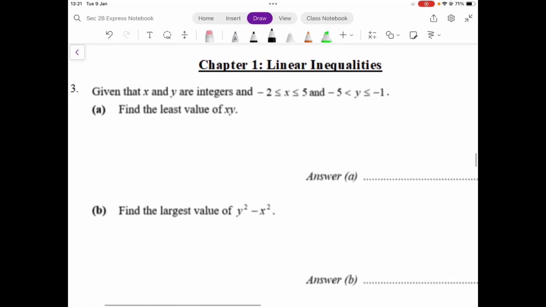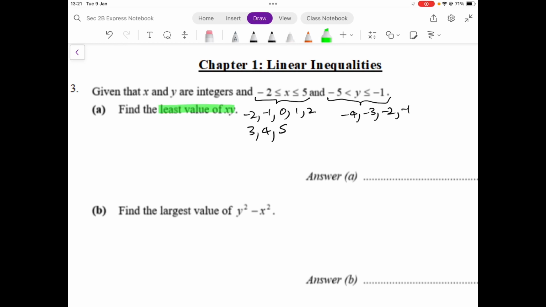Okay, so now we have x and y. Now this means our values of x are from minus 2, minus 1, 0, 1, 2, 3, 4, 5. The values of y are minus 4, minus 3, minus 2, minus 1. Okay, now we want the smallest value of xy.